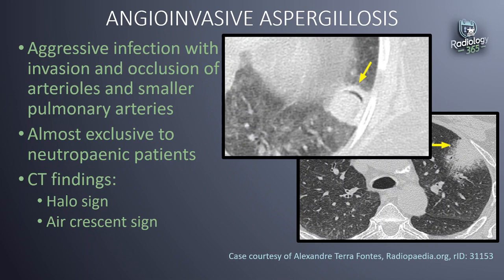Now, there's another sign, the air crescent sign, which we mentioned earlier when we were talking about aspergilloma. But we mentioned that the term monod sign is preferred for aspergilloma. Now, air crescent sign is the preferred term when we are talking about angioinvasive aspergillosis, and this represents a crescent of air from retraction of the infarcted lung.